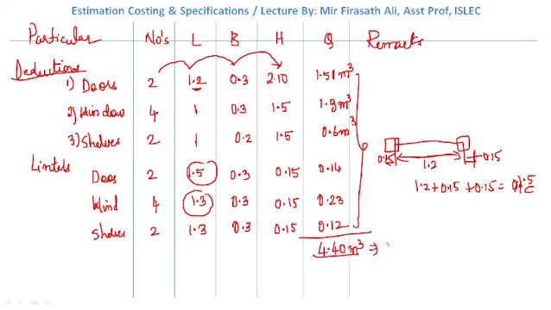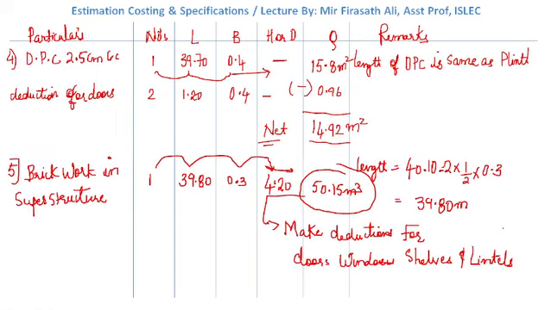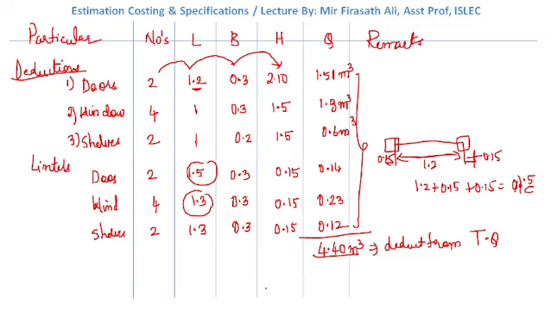Deduct from the total quantity of brickwork. What was the total quantity of brickwork? 50.15. Therefore, net quantity is 50.15 minus 4.40, which is nothing but 45.75 meter cube. This is the total quantity of brickwork in superstructure.